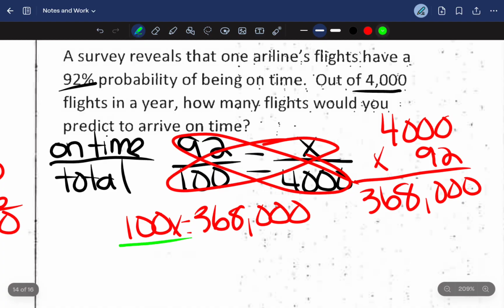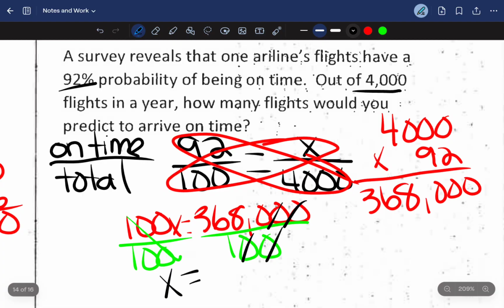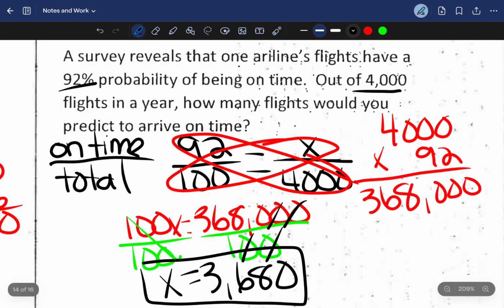And then I'm going to divide both sides by 100. I'm left with x on the left side. I'm going to cross out two sets of zeros. And so I have x equals 3,680. All right, good job solving probability, or predicting with probability.